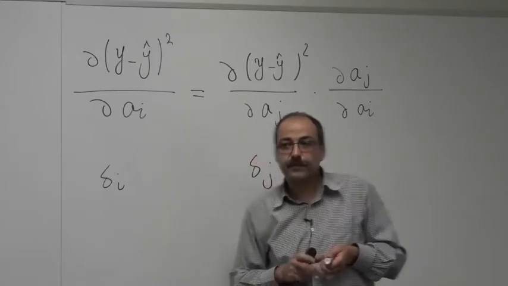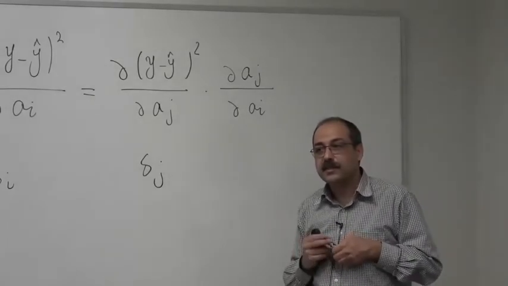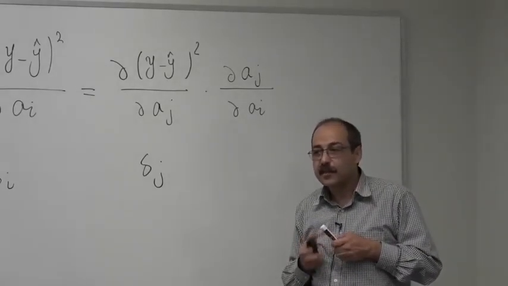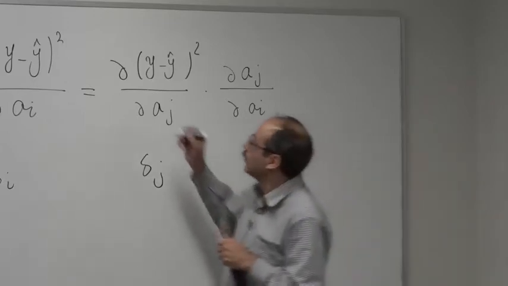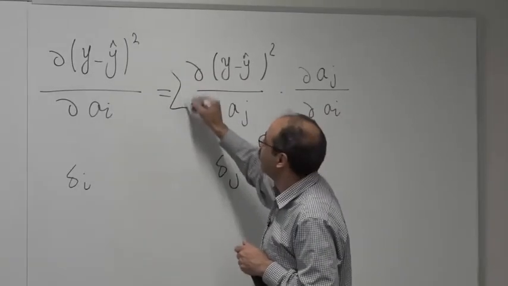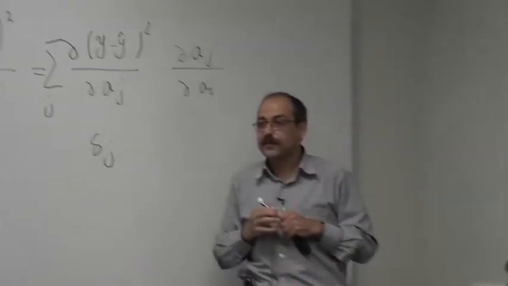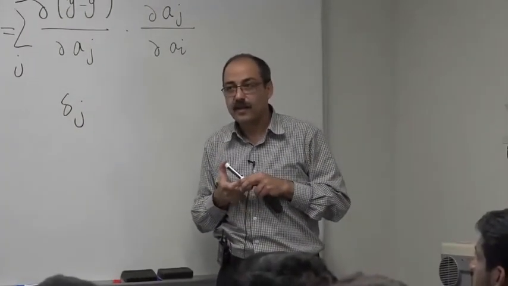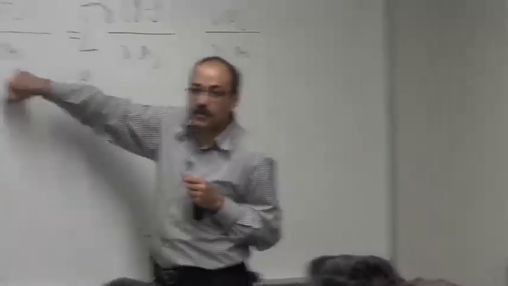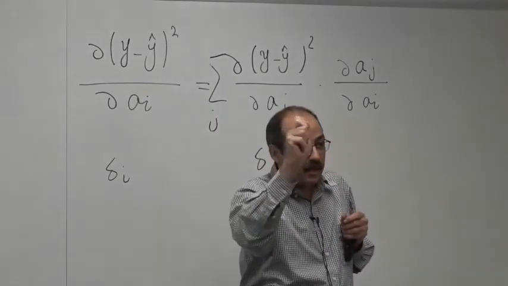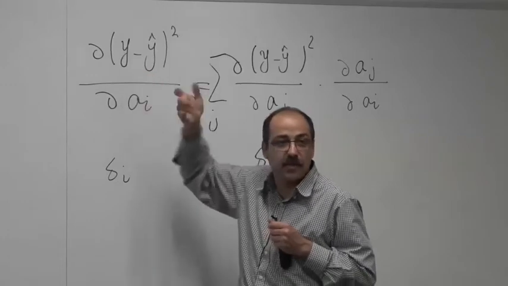Okay? So is this chain rule correct? There's something missing here. Sorry? Summation. Summation over j's here. Why should I have this summation? Because a_i depends on all the a_j before. Exactly. You know, what's the meaning of this derivative? It means that I perturb a_i, and I would like to know the effect of perturbing a_i on this cost function.